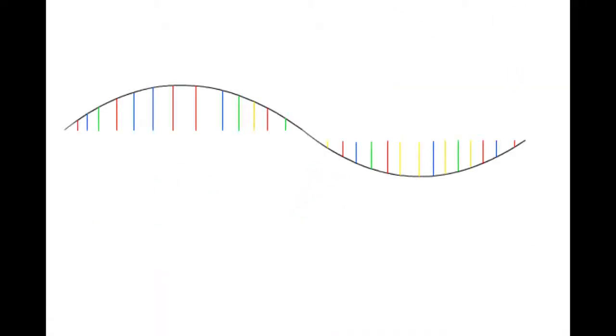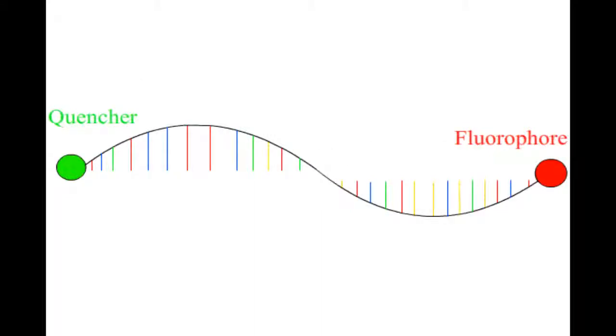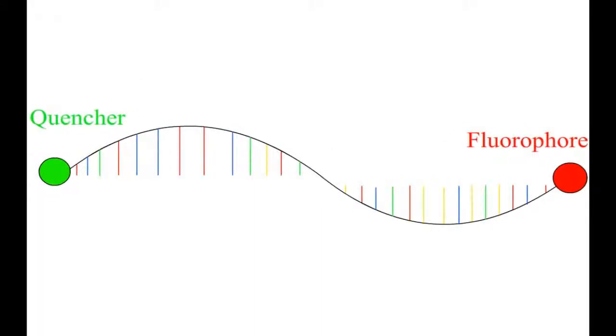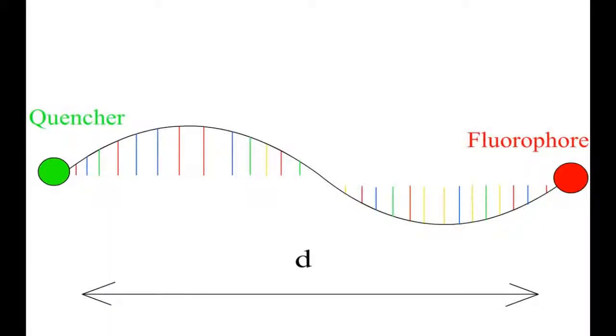A glucose biosensor was created by the addition of a 6-FAM fluorophore and an Iowa Black FQ quencher on either end of the DNA strand. A spectrophotometer was used to detect the fluorescence output of the oligonucleotide biosensor. When the DNA aptamer is on its own, the fluorophore and quencher distance is at its greatest.